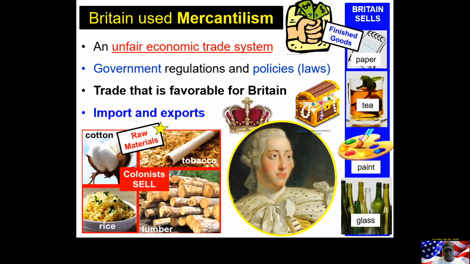Well, wait a minute. I just sold you a whole log for like $10, but now you are selling me pencils, and for one box it's $5? Wait, what? That's crazy. Well, that's kind of a way that mercantilism worked. It was an unfair economic trade system, but this is what the king and Parliament used to regulate imports and exports.